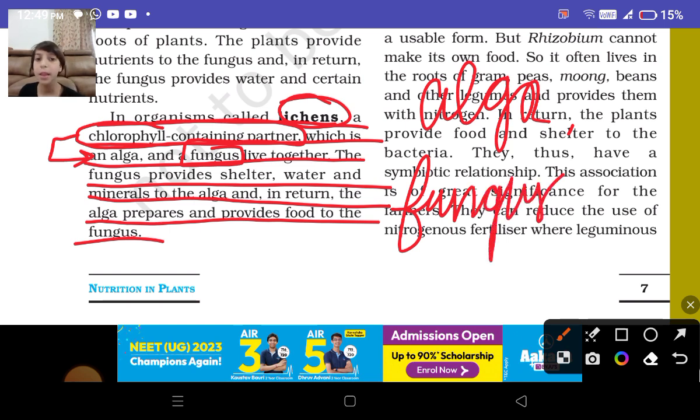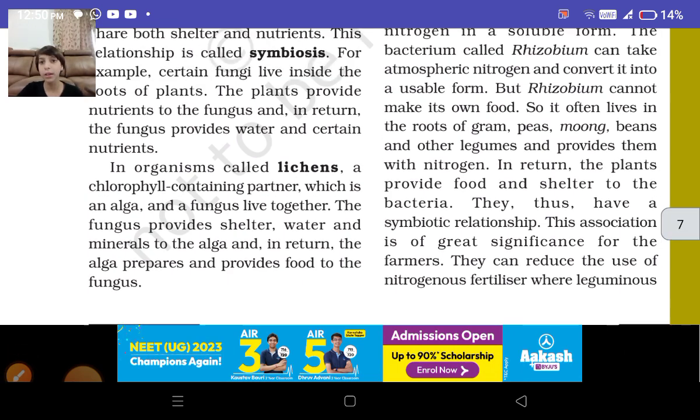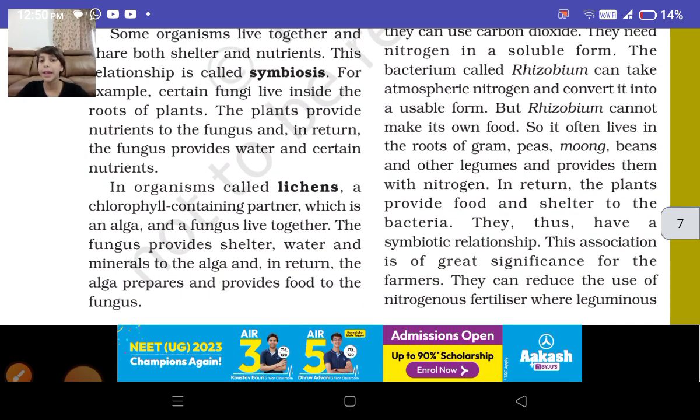The fungus provides shelter to the alga, water and minerals to the alga, and in return the alga gives the food and nutrition to the fungus. So we studied three symbiotic relationships. First is of rhizobium and leguminous plants.